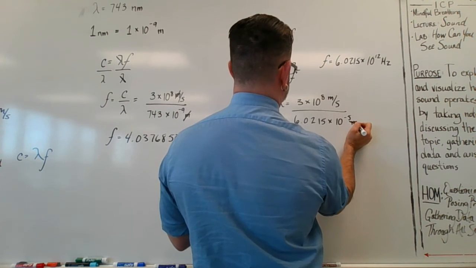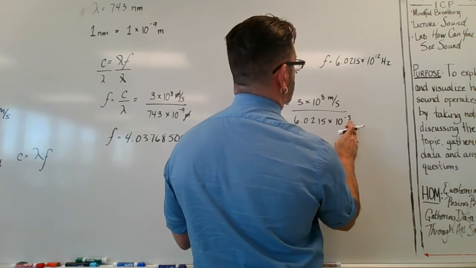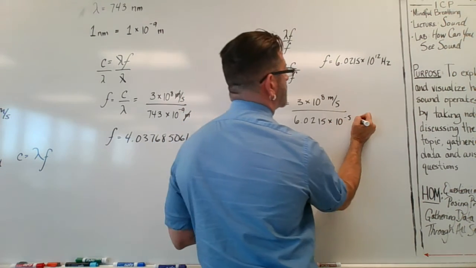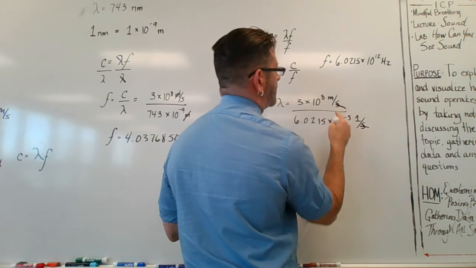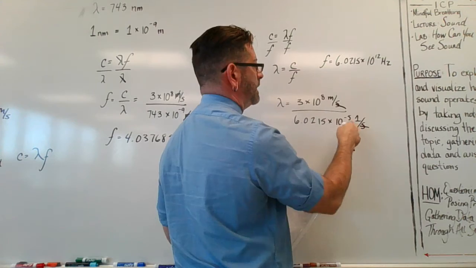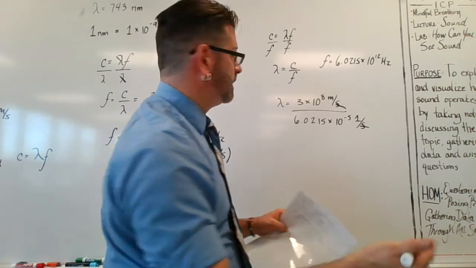Our meters cancel. Yes? No, I'm sorry. Wrong unit. This is in hertz, or 1 per second. So our seconds cancel. And we're left with meters over 1, or meters, which is a length, just like we'd want our wavelength to be.